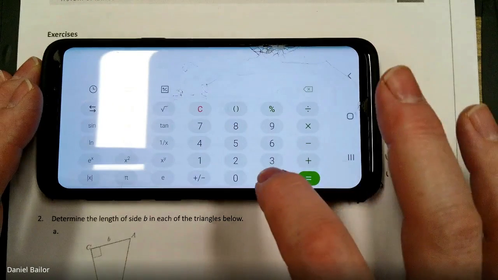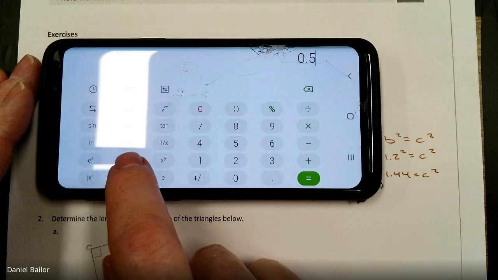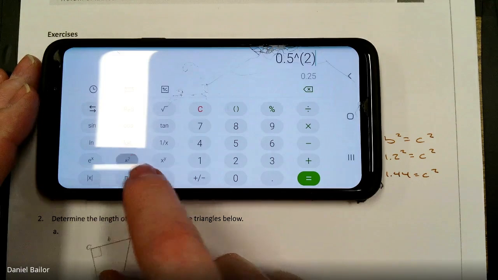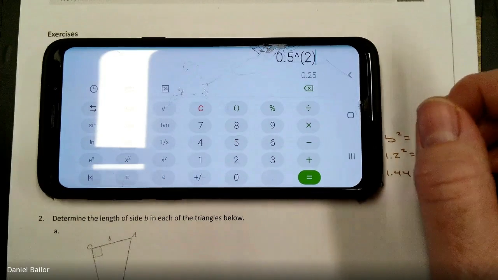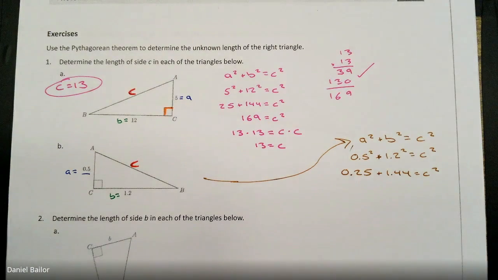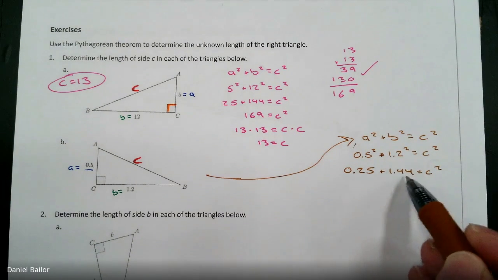So you can type in 0.5, and then there's this button right here that has a little x squared. If I just do that, that's the same as squaring it. So I get 0.25. That's how you use a calculator if you want to use a calculator for this. Anyway, I did not need one because I know my math facts pretty well. And we get these decimal answers.